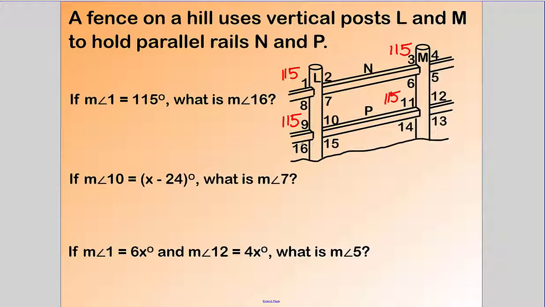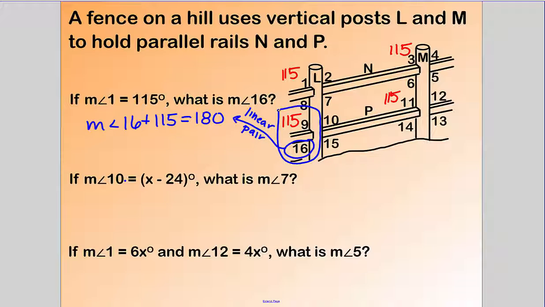Well, angle 16 would have to be a linear pair with angle 9, so I can say that the measure of angle 16 plus 115 is equal to 180. Okay, so the measure of angle 16 would have to be 65.